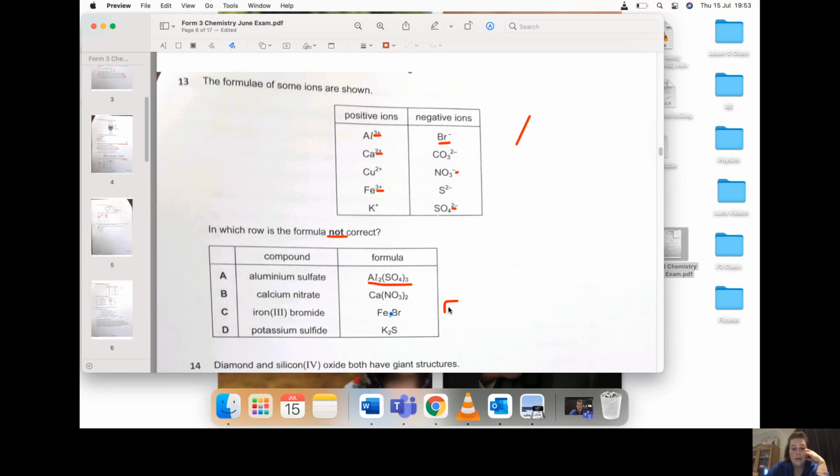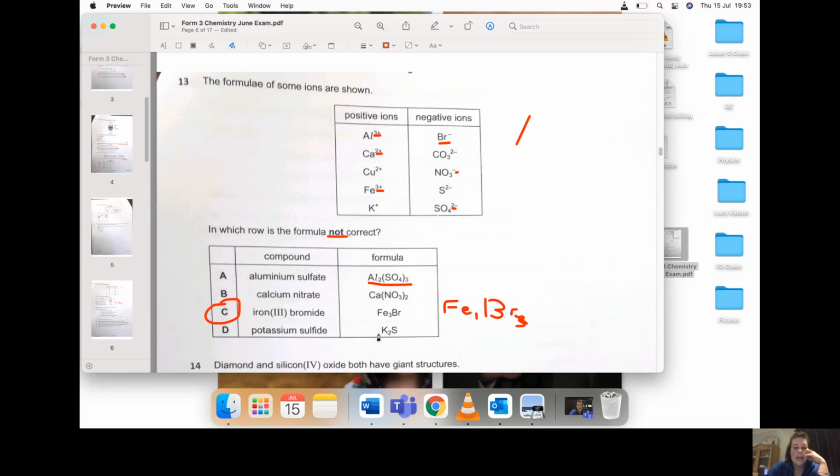You should have the Fe, and then you should have the Br, and then the 3 at the bottom, because that 3 belongs to the Fe. It came down, and the Fe is just 1, so there's no 1 written there. So here, C is wrong.